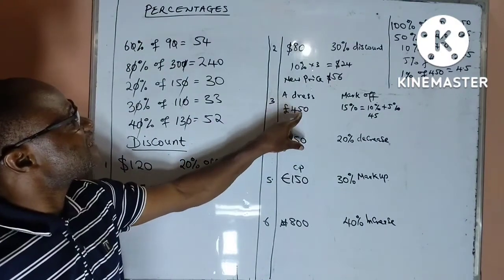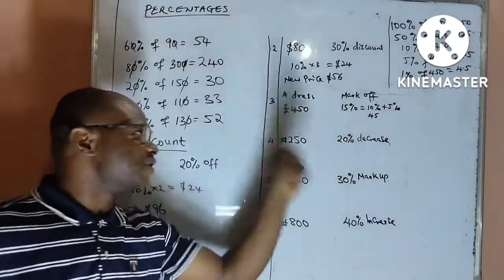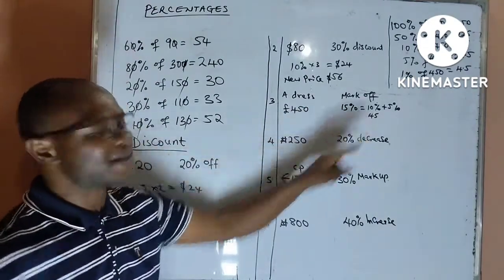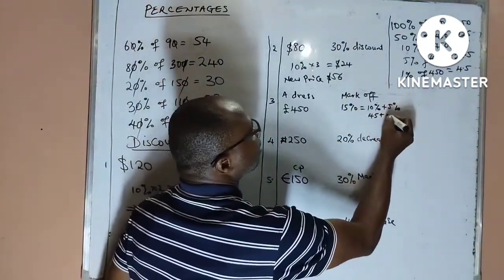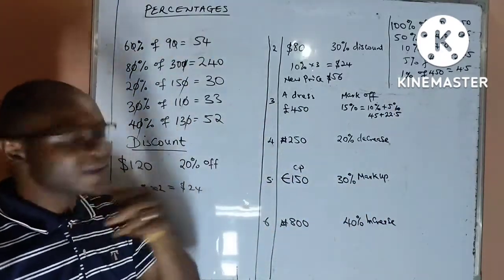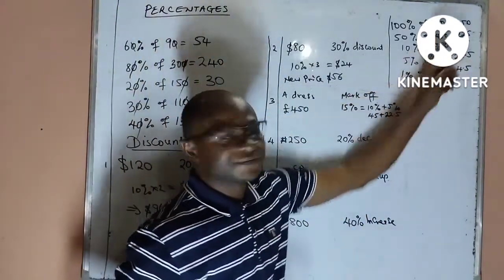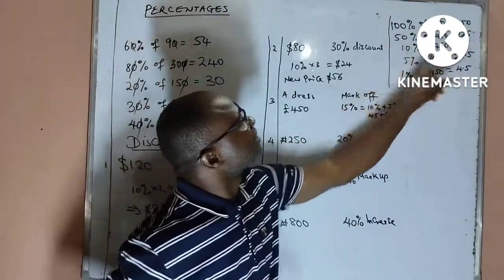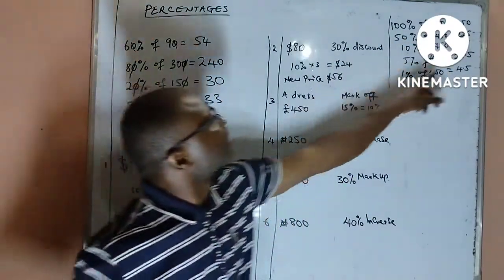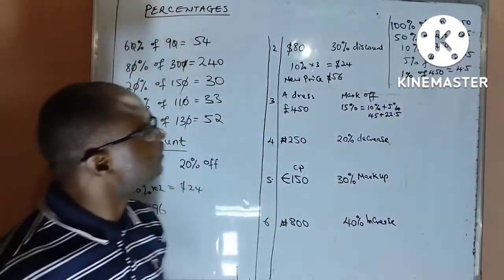Then 5% is divided by 10, divided by 2, which is half of 10%, and that is going to give me 22.5. You can see it there. Look at it, 45 divided by 2, that is 5% of 450, very beautiful, is equal to 22.5.